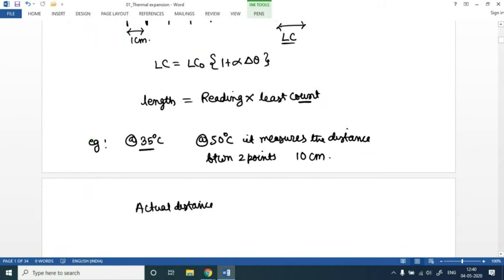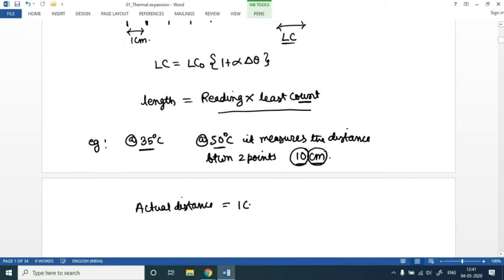For the actual distance, the formula we can use is simple: length is equal to reading into least count. The reading is definitely 10 centimeter. This 1 centimeter is not exactly 1 centimeter at 50 degrees Celsius; it is only 10 times the changed least count.